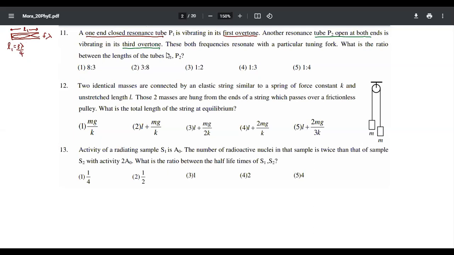And for the next tube, an open tube, third overtone means you should have 2 loops, correct? This is the third overtone.